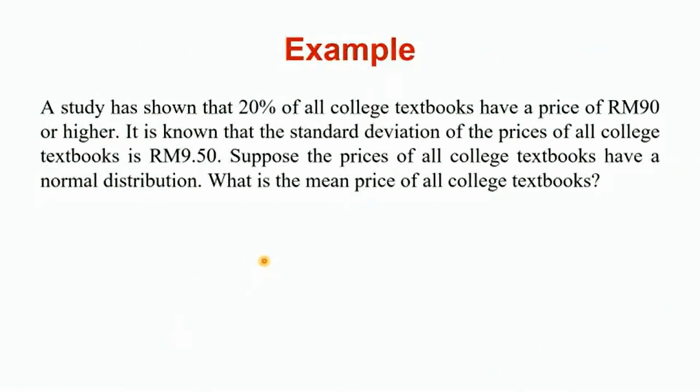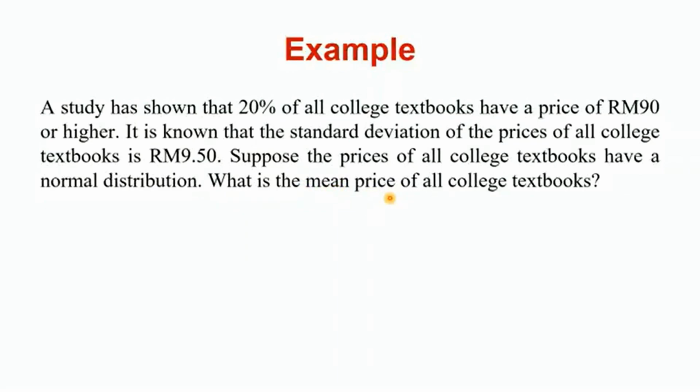Another example for this topic: a study has shown that 20% of all college textbooks have a price of 90 ringgit or higher. And the standard deviation for this distribution is 9.5 ringgit. We don't have the value of mean in this example. Based on the information given, we need to find the mean price, mu, or mean of x.